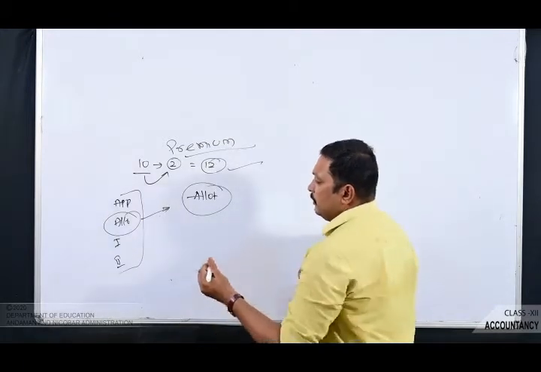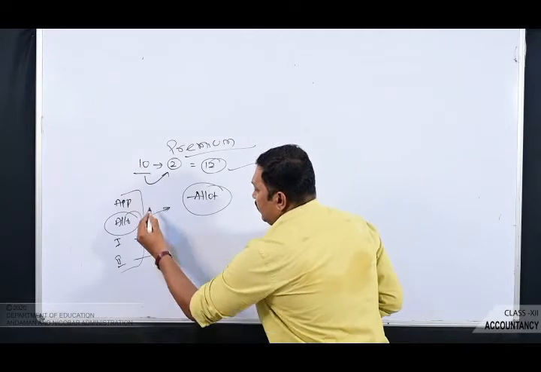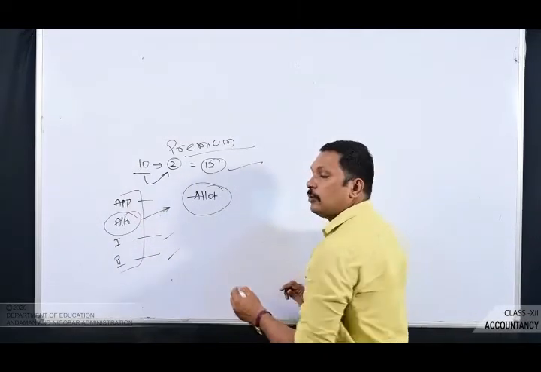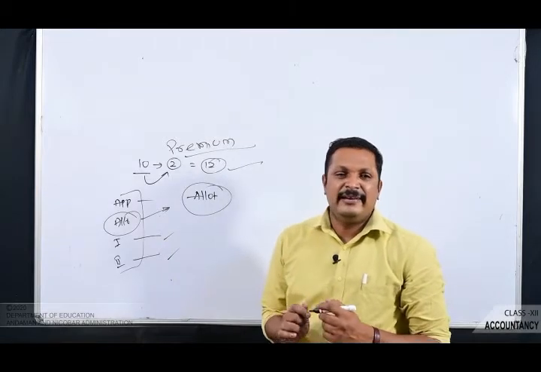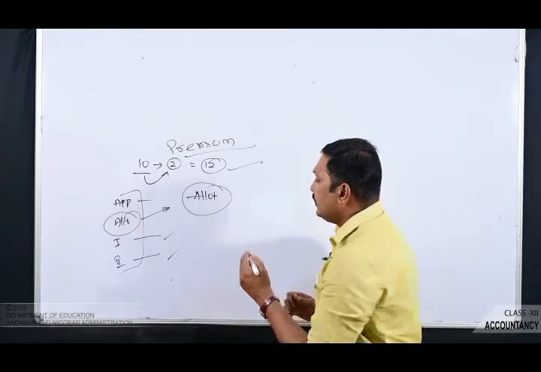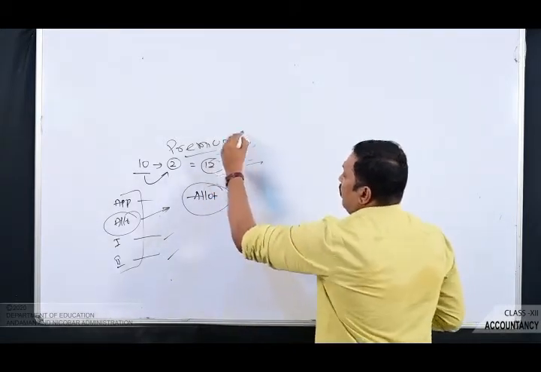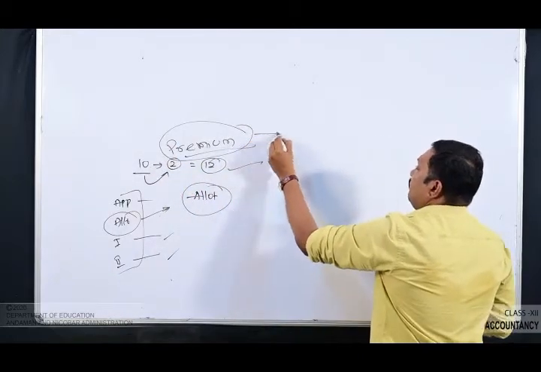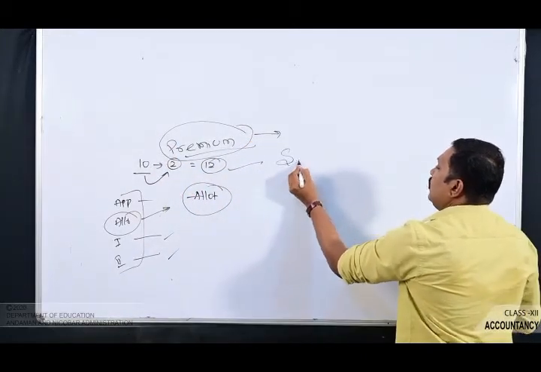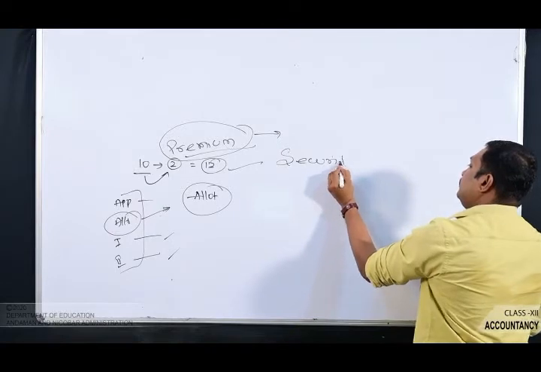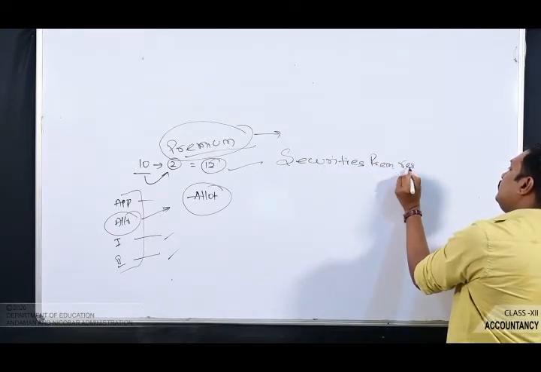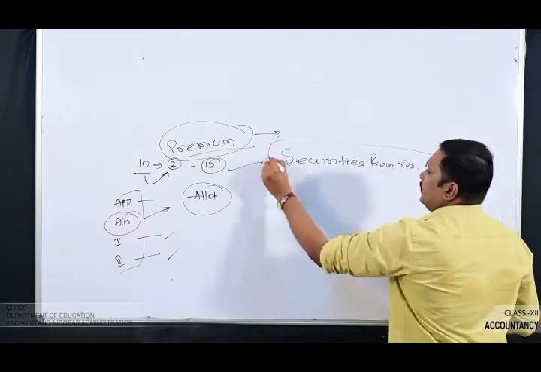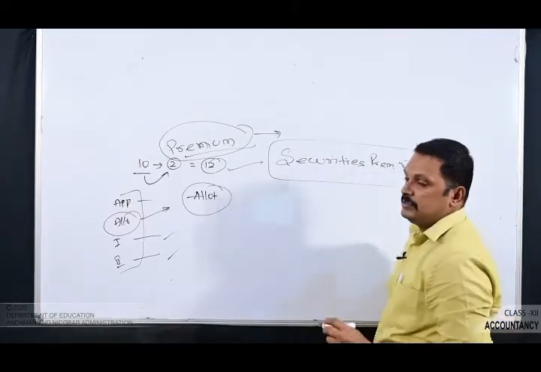Sometimes they may receive it during applications or during calls also. Normally, the premium amount is credited to a separate account called securities premium reserve. So whatever amount we collected through premium, it will be credited to which account? Securities premium reserve account. A separate account under reserves and surplus.